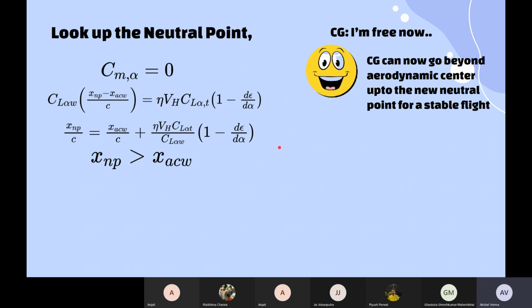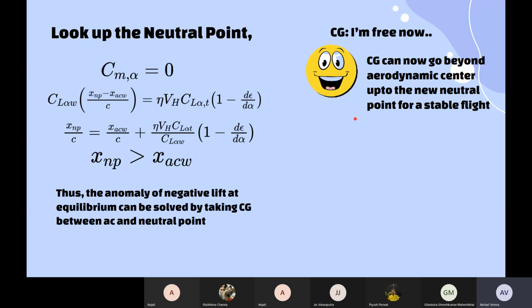As you can think here that the aerodynamic center is somewhat here and the neutral point is somewhat here, let's say. So your CG can lie anywhere between those 2 points, because the only condition for your flight to be stable was that your CG must lie ahead of the neutral point. And if you can achieve that, you will get a stable flight.